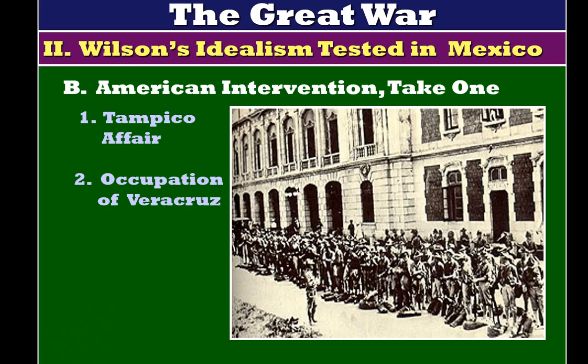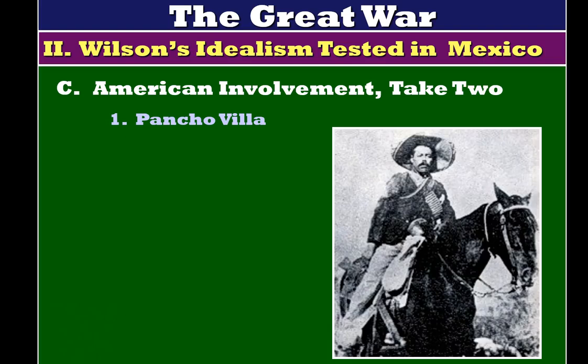Now, in the end, the combination of American military force and three separate revolutionary groups did force Victoriano Huerta to abdicate. But that didn't solve the total problem, because now three factions of Mexican revolutionaries had to determine who could consolidate their power and then unite the nation.